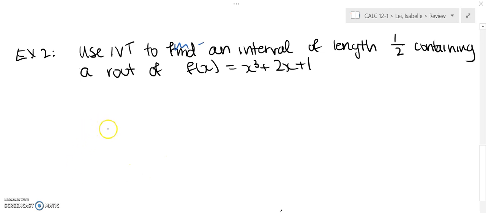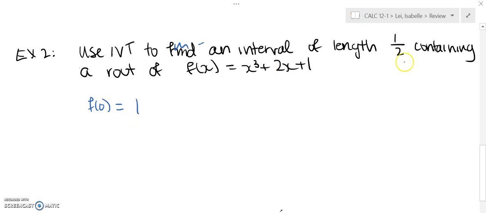So first we must find probably the easiest x value to plug in at first, which would be f of 0. 0 cubed is 0, 2 times 0 is 0, plus 1. So f of 0 is 1, and then we can start going down by a half, because this is a positive value and we want to find something that has a negative value for y.